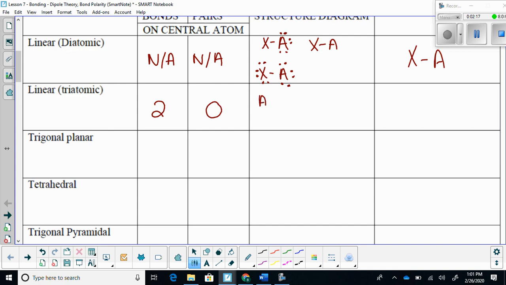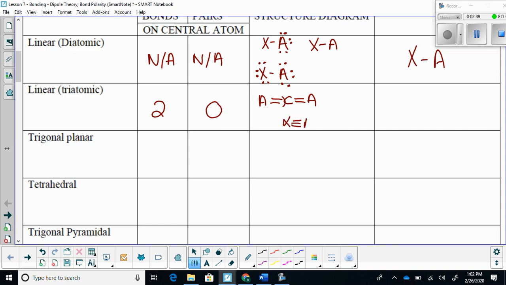Let's say we have our peripheral atom double bonded to our central atom. Again, even though that's two double bonds, it's still considered as two bonds, two connections to the central atom. Another way that we could do this one is, let's say we have our central atom.